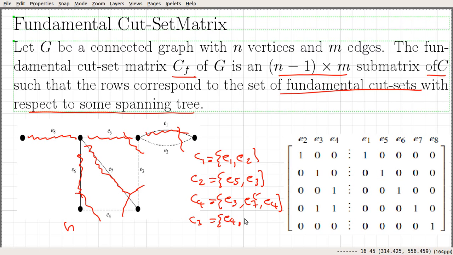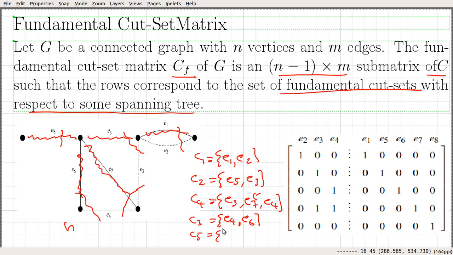E4, E6, that is also a fundamental cut set. It contains exactly one branch edge and one chord edge here. And I think there is one more fundamental cut set, so let's call that C5.